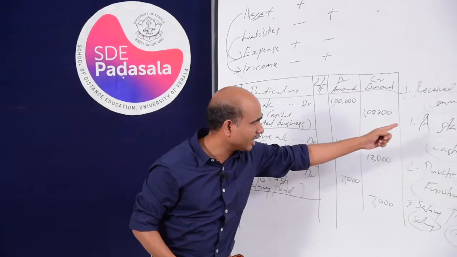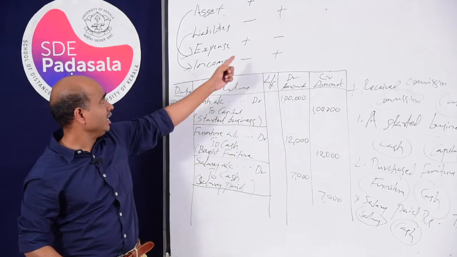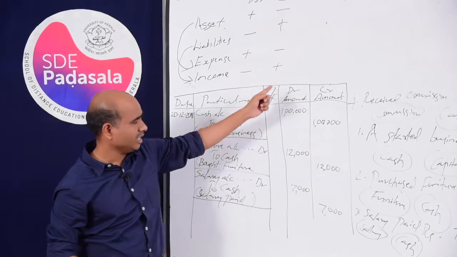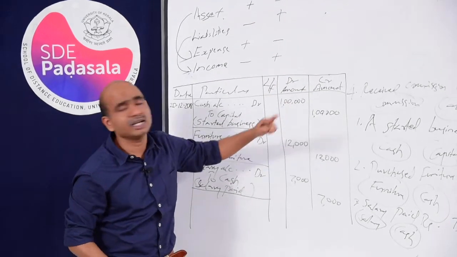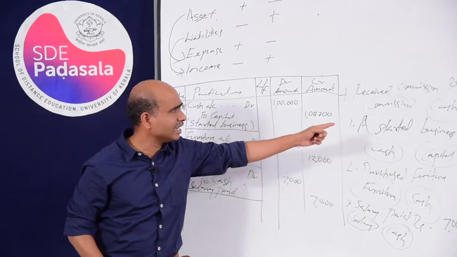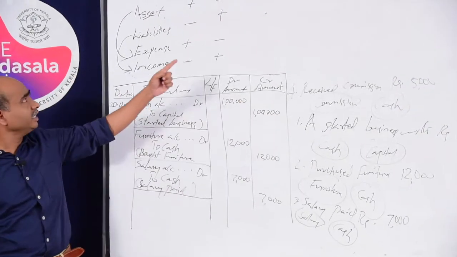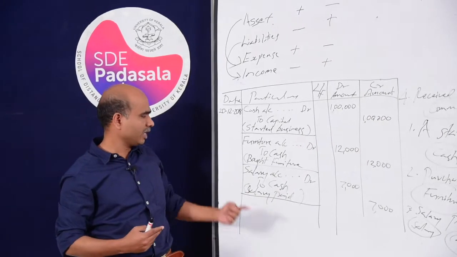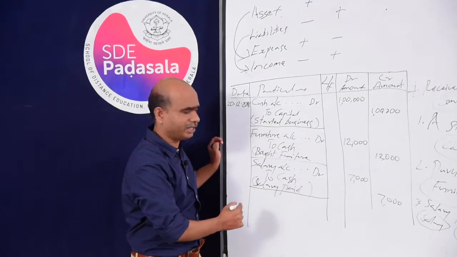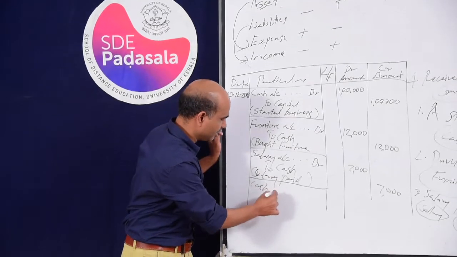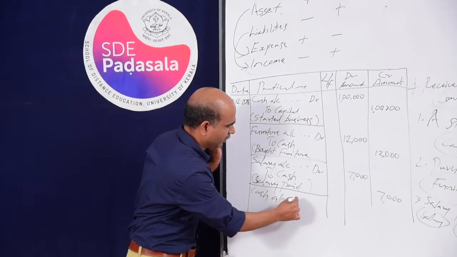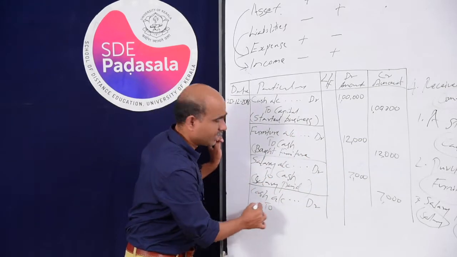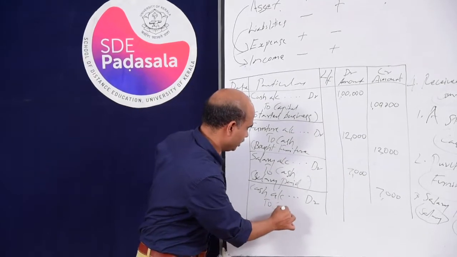So commission is an income and when it increases, it is treated as a credit item. Cash is an asset. Here cash is increasing because we are getting some money, so cash is a debit item. Cash account debtor to commission, a credit item.